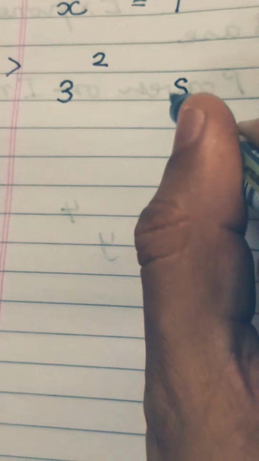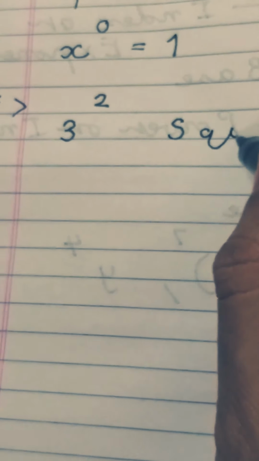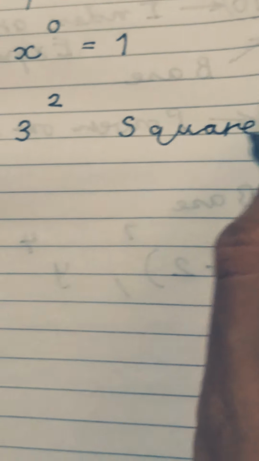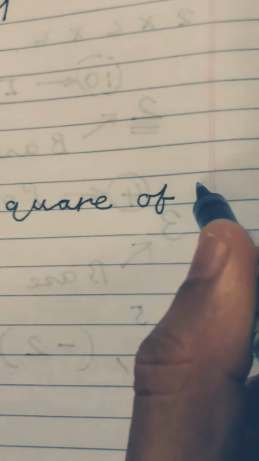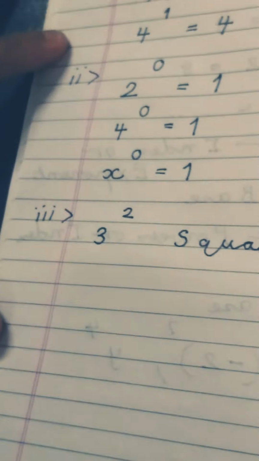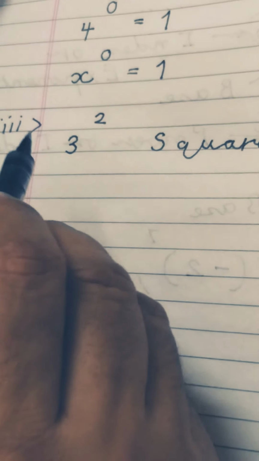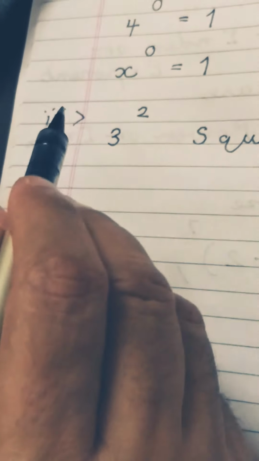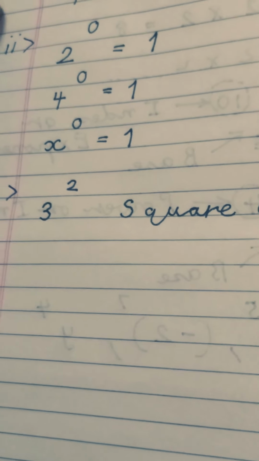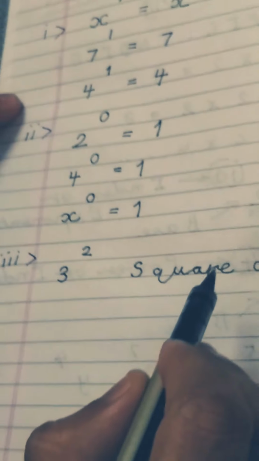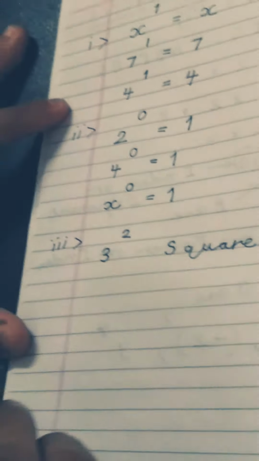But we can also call this indice as square of 3. That is 3 squared. So remember friends, whenever the power or the exponent is the number 2, it is called the square of that particular base.